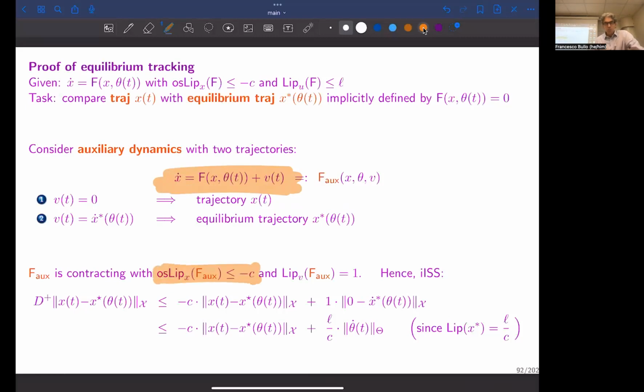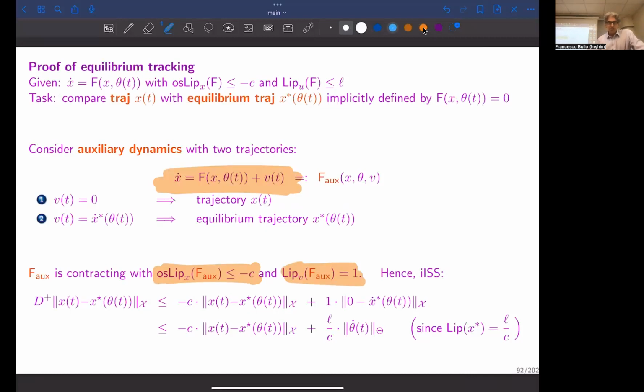And then you need to put in the Lipschitz constant. How does the parameter v enter in the auxiliary system? That number, the Lipschitz constant of the right-hand side with respect to v, is just 1, because v does not appear in f. It's the new signal I just introduced. So then I know that this is 1, right? Perfect, I'm almost done.